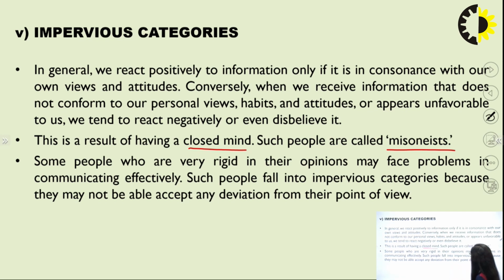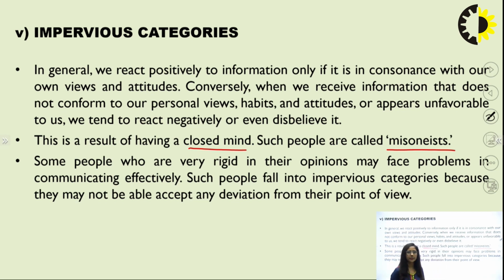Some people who are very rigid in their opinions may face problems in communicating effectively. Such people fall into impervious categories because they may not be able to accept any deviation from their point of view. So rejection, distortion, and avoidance are three common undesirable and negative reactions to unfavorable situations.